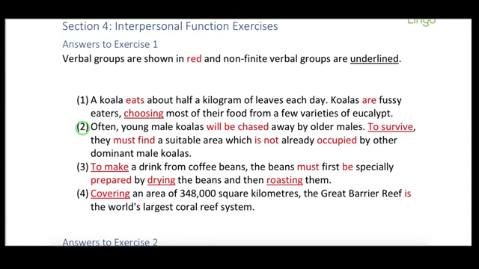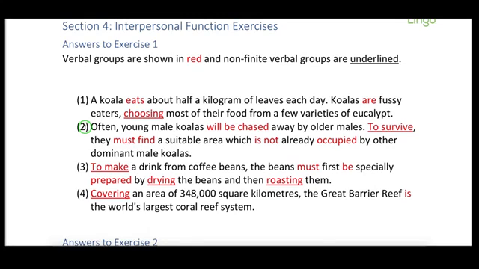In the second example here, okay, often young male koalas will be chased away by older males. The verb group is will be chased, and the finite is will. So that's a finite verbal group. In the next sentence, we have quite a few verbal groups, and the first one, to survive, is non-finite because to plus verb doesn't have a tense.